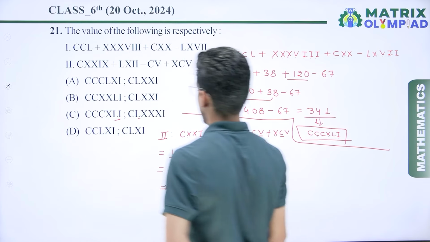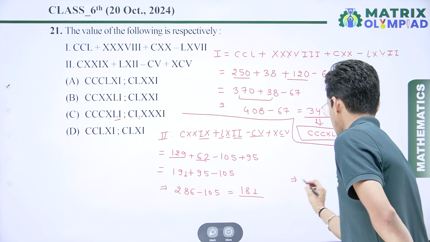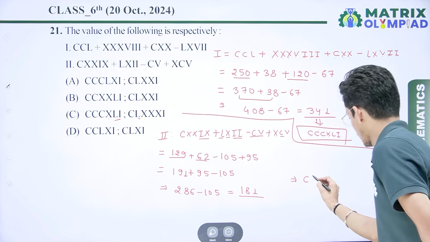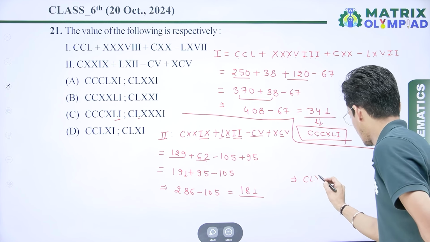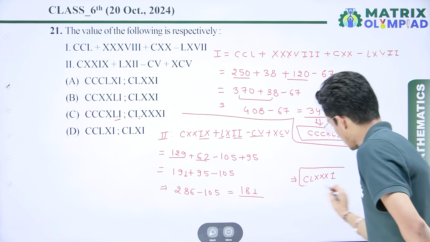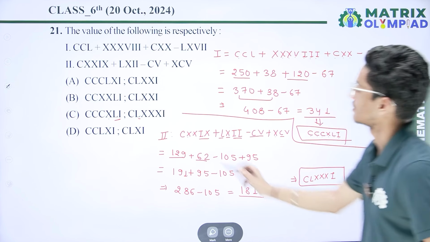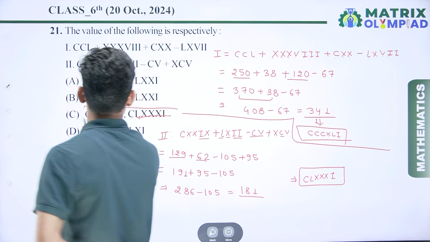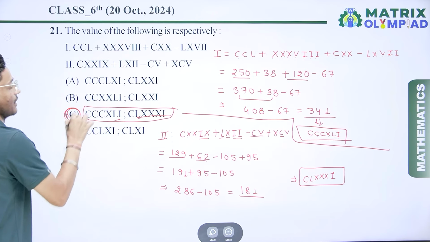So 181 I can write here, that is C, that means 100, 150, 160, 170, 180 and 181. So check CLXXXI. So here we can say that option number C is the correct answer.